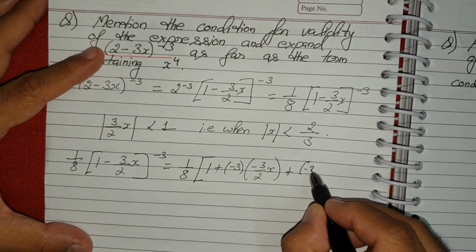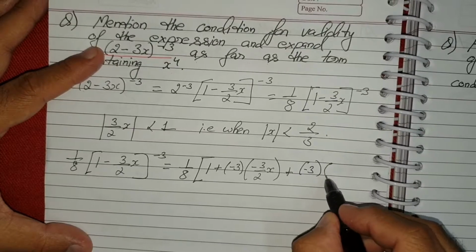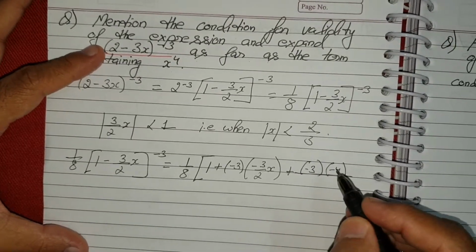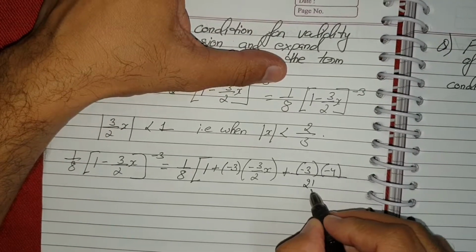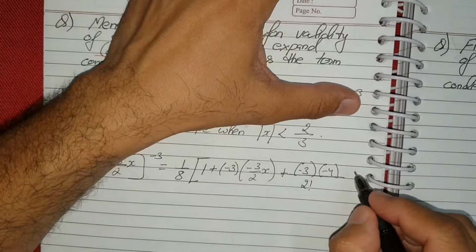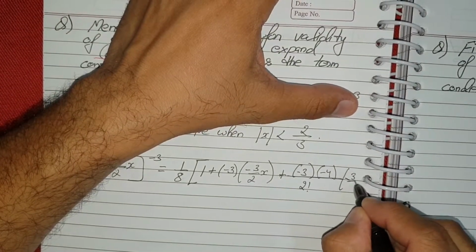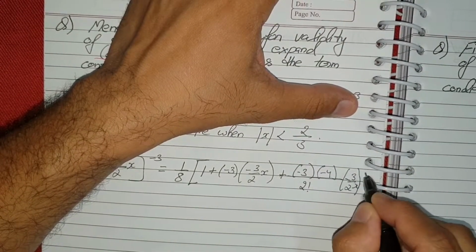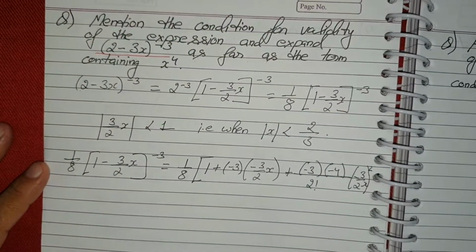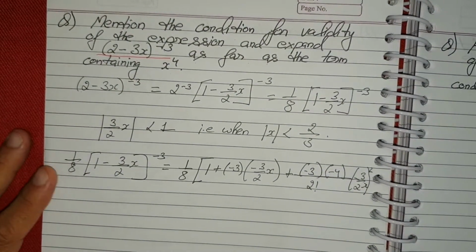this is minus 3 into (n minus 1), so minus 4, upon 2 factorial, and this is minus 3 by 2 x square. I am sorry for this, minus 3 by 2 x square.